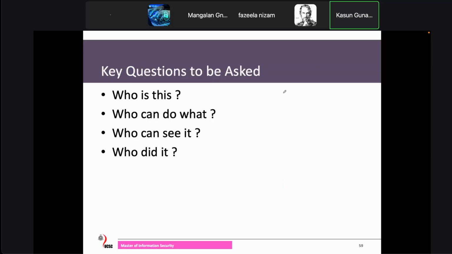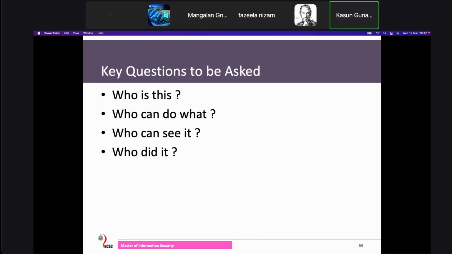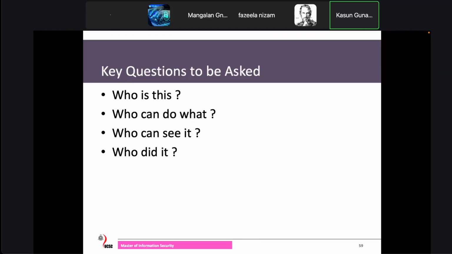So key questions that we ask when security is required in a data environment, right? Four main questions that we usually ask in a data environment.